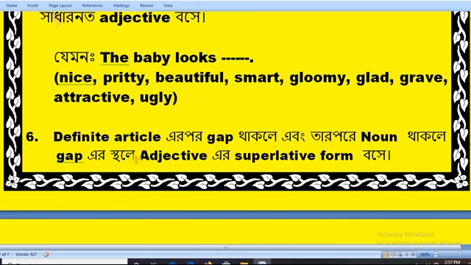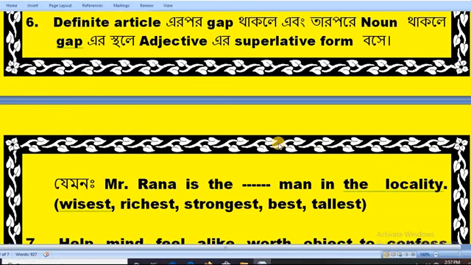Definite article. Now rule 6. If you see a definite article before a noun, that is, before the gap there is the definite article, and after the gap, if there is a noun, definitely here the adjective will be in the superlative form.